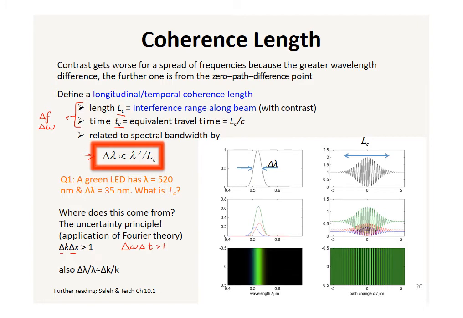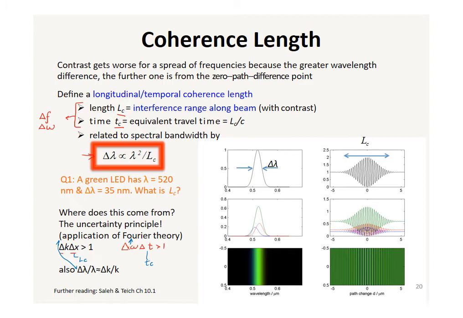Either way, if we have a wave train that has a short coherence time, that will lead to an increase in the frequency bandwidth. Again, with a short coherence length, you'll see an increase in delta k, and at the same time an increase in the spectral bandwidth, delta lambda.